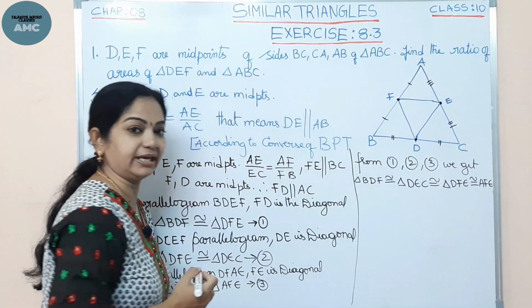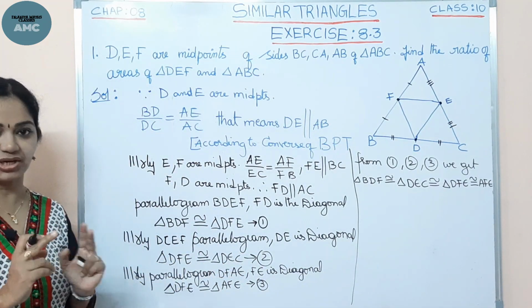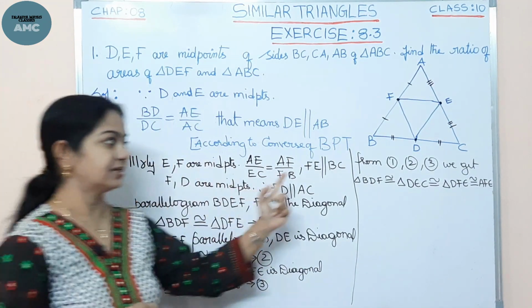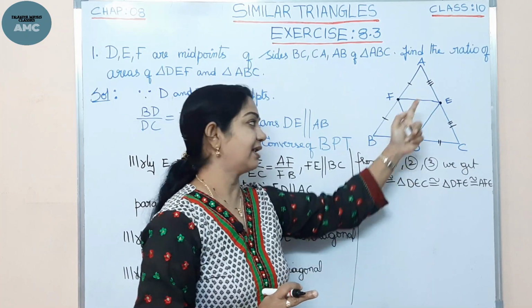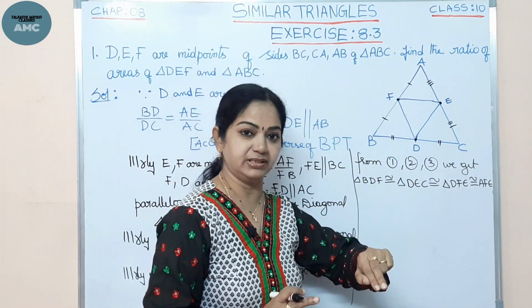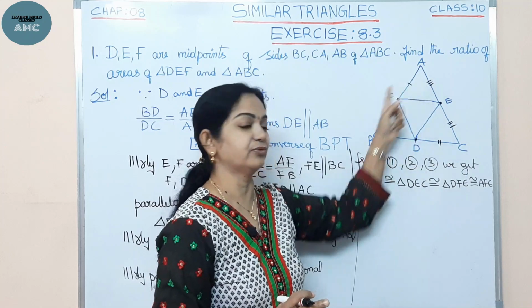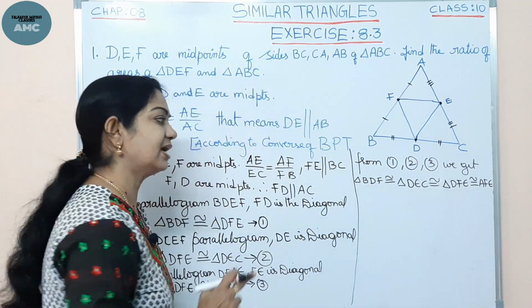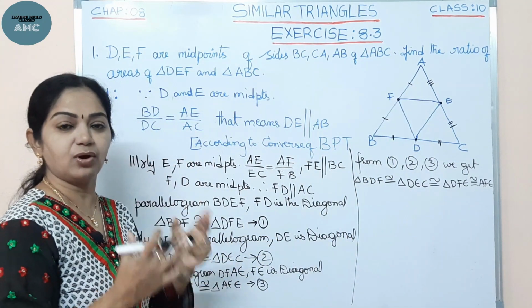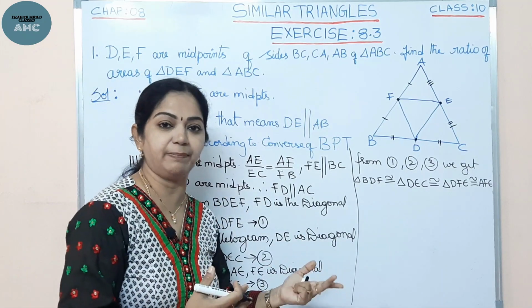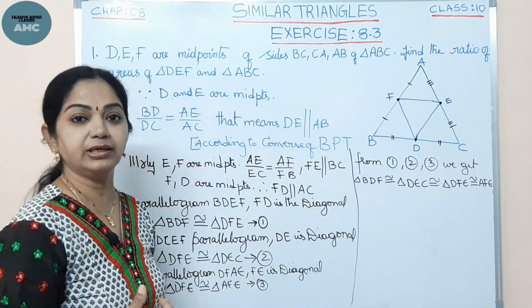So all the four triangles are congruent to each other. We got that because with the parallel sides, the converse of BPT, we got all these four as congruent triangles. That means they are equal. They are congruent means having same shape and same size. They are equal to each other.